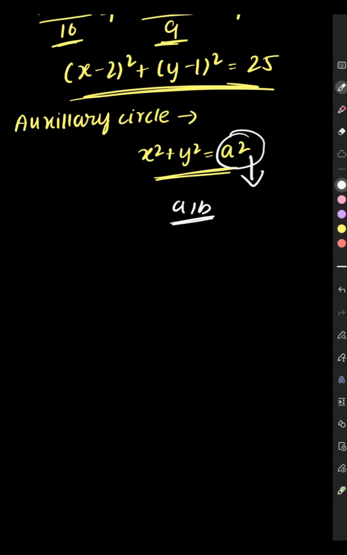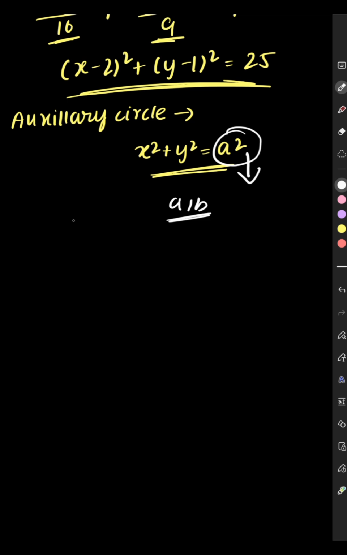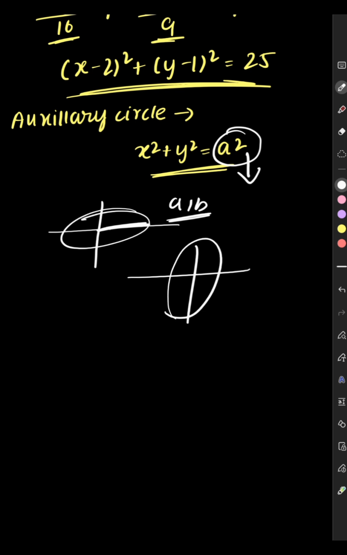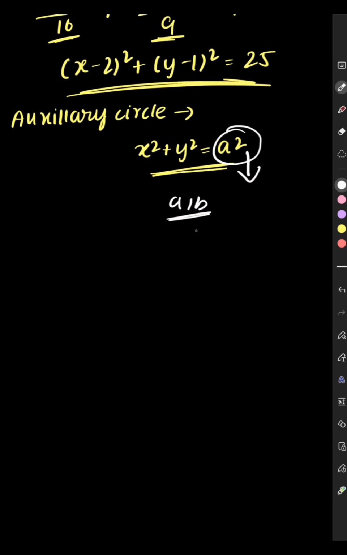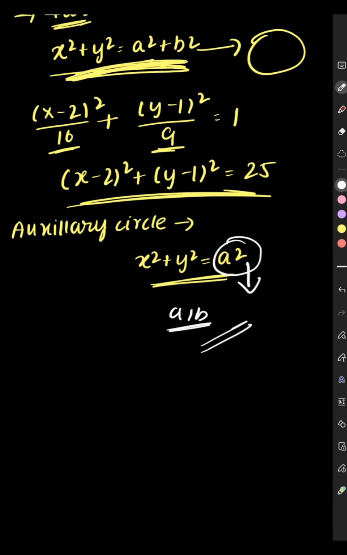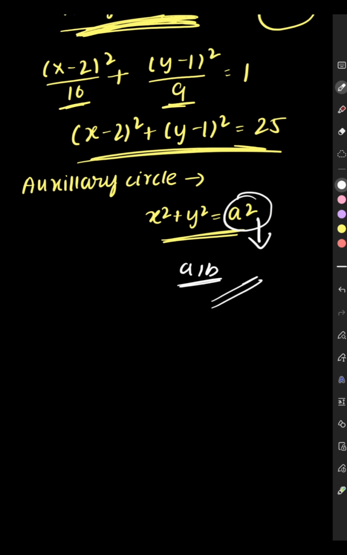Whichever is greater, that's what you put: if it's a horizontal ellipse, you put a, the greater number; if it's a vertical ellipse, you put b, which is again the greater number. This auxiliary circle is also concentric with the original ellipse. So again, the same example applies here. If you were to write the auxiliary circle, you would write (x minus 2) whole square plus (y minus 1) whole square equals to 16.